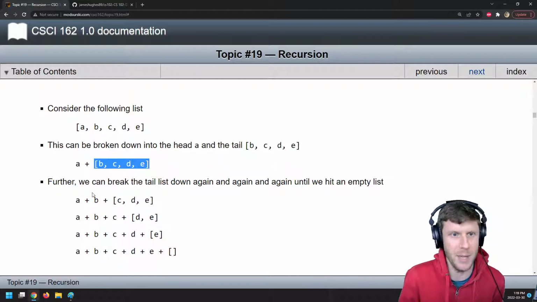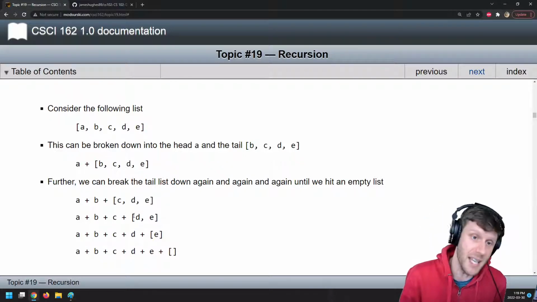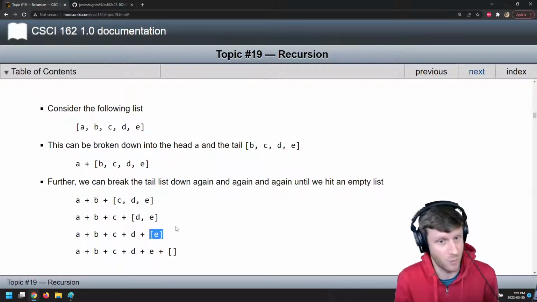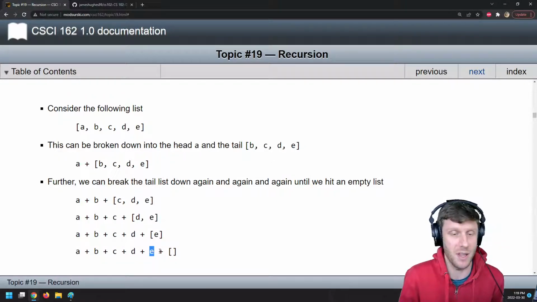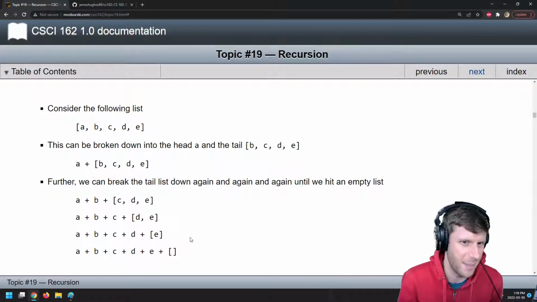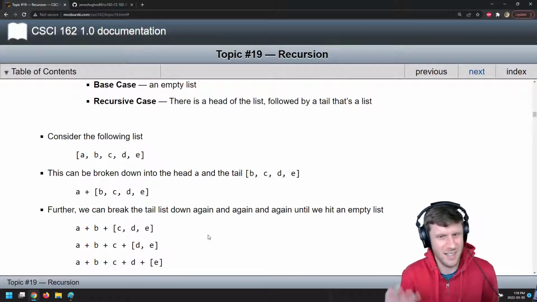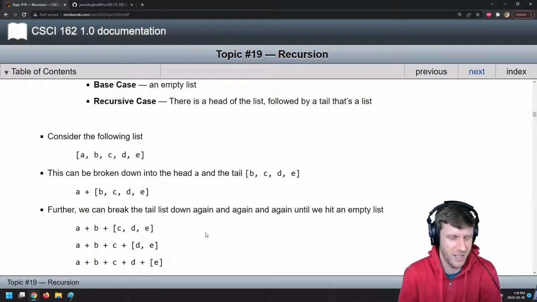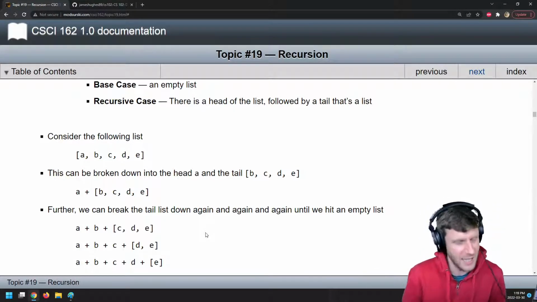We could take the B out, and then we're left with C, D, E. And then we can take the C out, and we're left with D, E. Then we can take the D out, and we're left with just a list with E. Then we take the E out, and the remainder after a list of just E is an empty list. So we can define a structure like a list recursively as well. It's not just like the functions. It's the way we're storing data too, which is kind of cool.